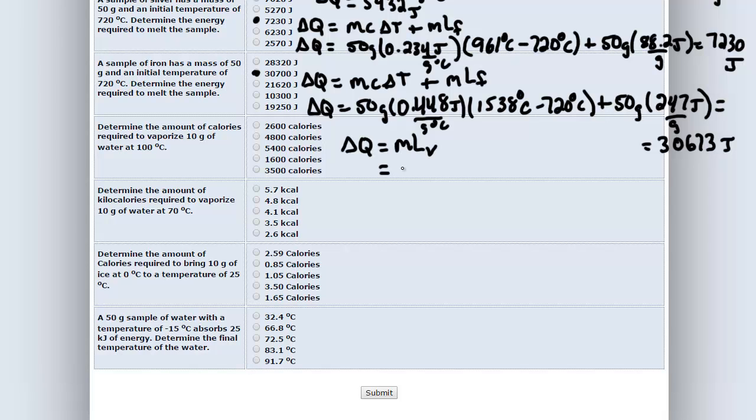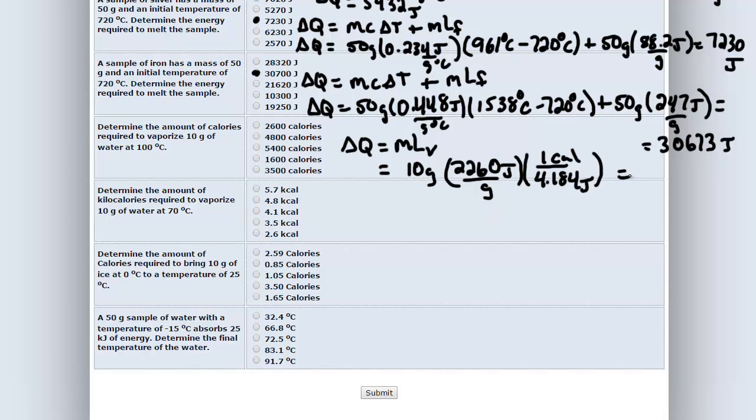And so we have the mass, which is 10 grams, and we have to look up that latent heat of vaporization, which is going to be 2260 joules per gram. Now the question says also that it wants the number of calories, and there are 4.184 joules for every 1 calorie. So let's calculate that.